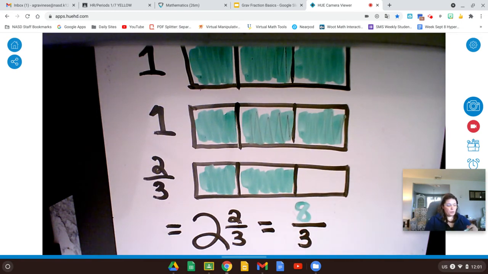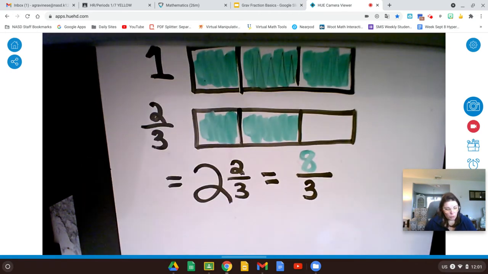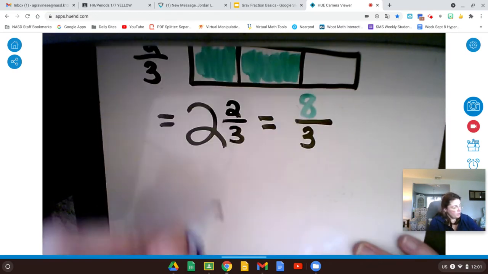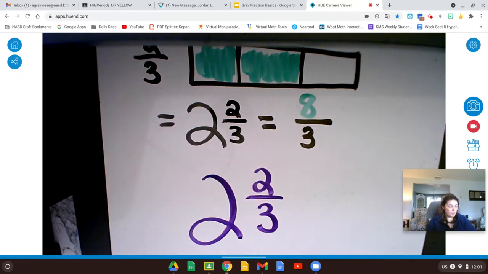So now that I've shown you how to do this with models, I'd like to show you how to change from mixed to improper without using a model. So there are a few steps to do this, and I'm going to use this current example to prove to you that it works. So step 1, when we have 2 and 2/3, and this will always be the same going mixed to improper.